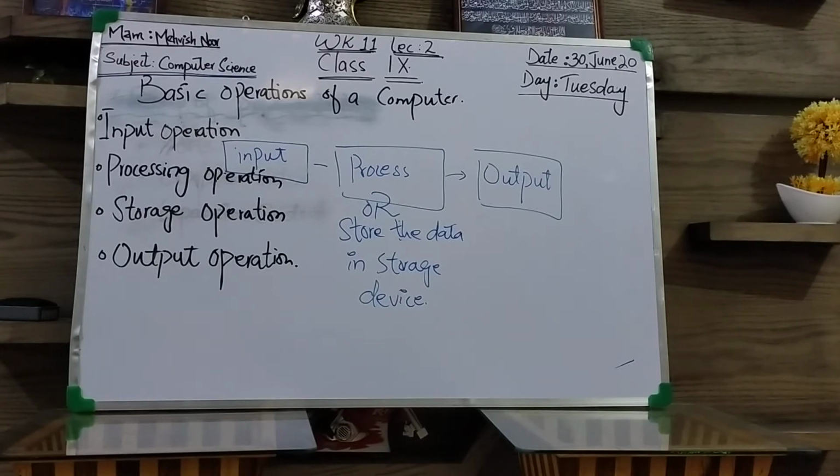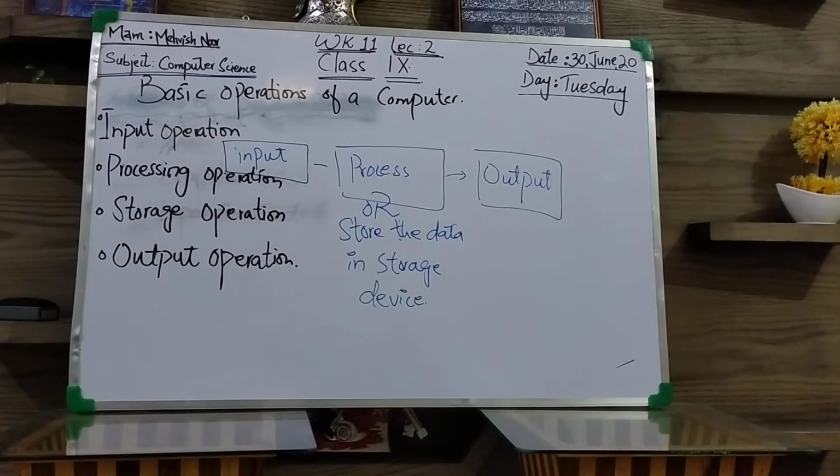It can also be provided to the computer from a storage device such as hard disk, CD, USB memory card. The input data, instructions or information are stored in memory for future processing. Clear?